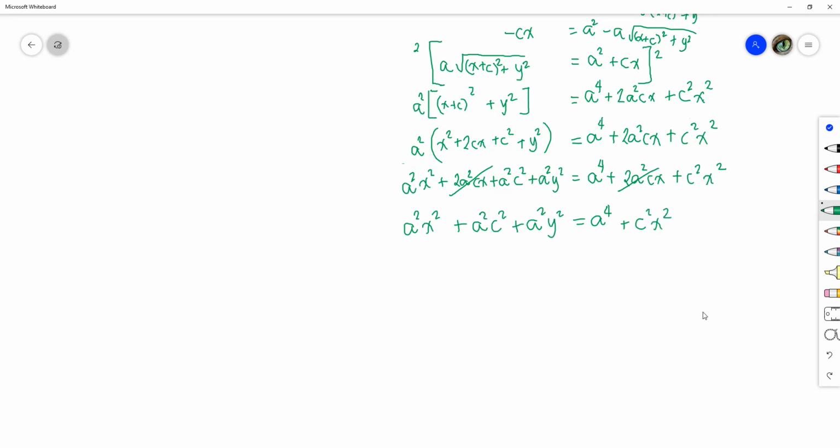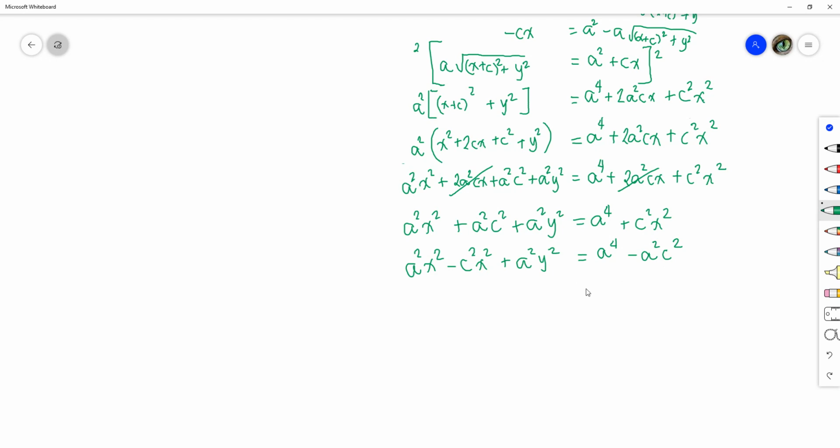Okay, as you can see here, on the other side there is x. So we are going to transfer this term to the other side, and then these terms again also will be transferred to the other side. So we have a squared x squared minus c squared x squared plus a squared y squared equals a to the fourth minus a squared c squared. Now, let's try to factor out.